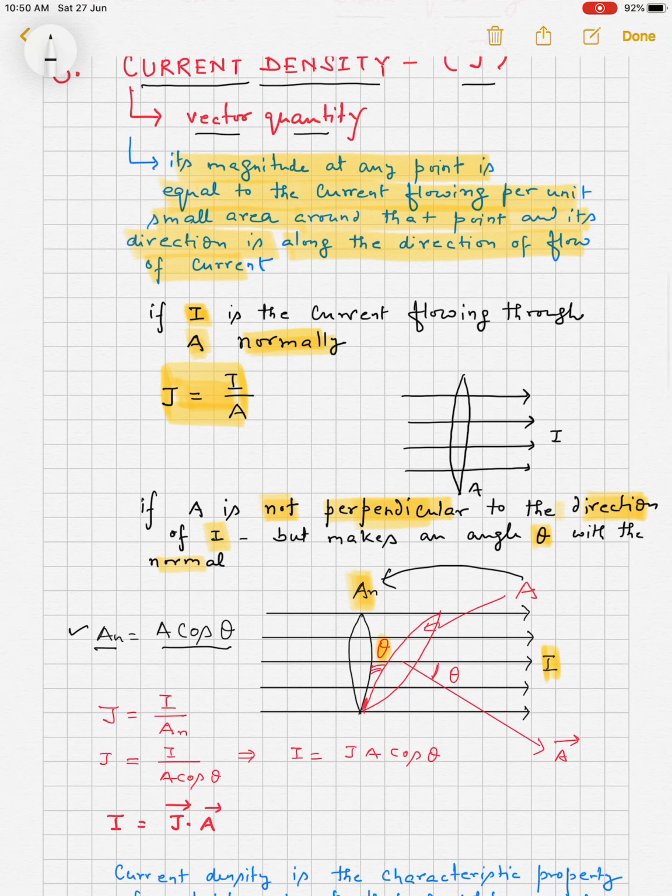So in this case J is equal to I upon AN, where AN means the area normal to electric current. So J equals I upon A cos theta, or by cross multiplication, I equals J A cos theta. This can be written as a dot product. So I is equal to J dot A.